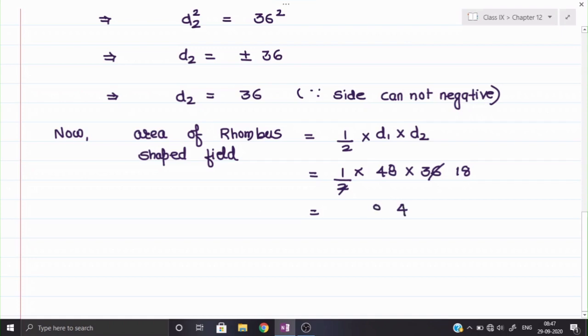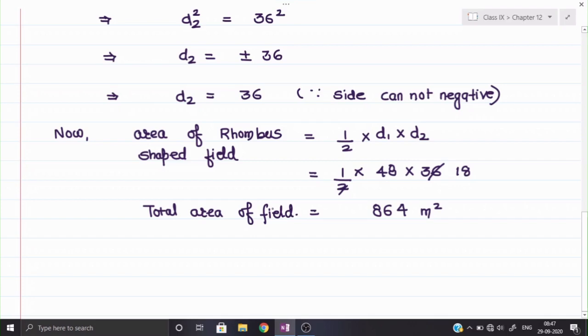Sorry, I said 964 earlier, this is 864 meter square. So I think it is coming 864 meter square. Okay, this will be the total area of the field.